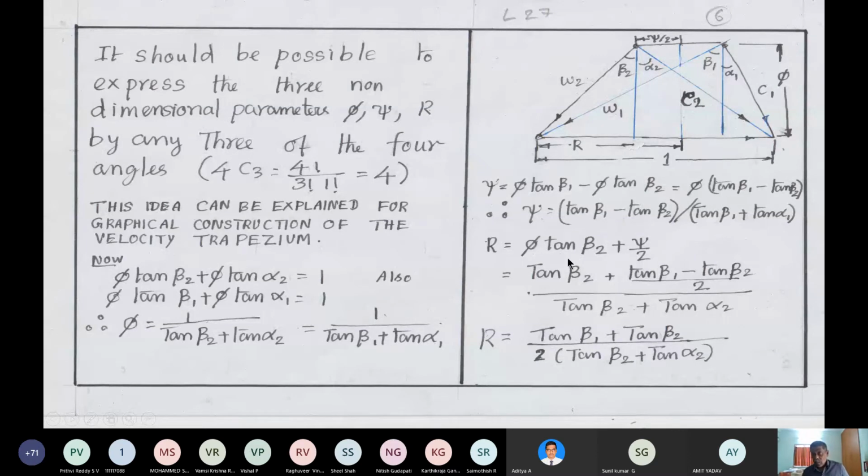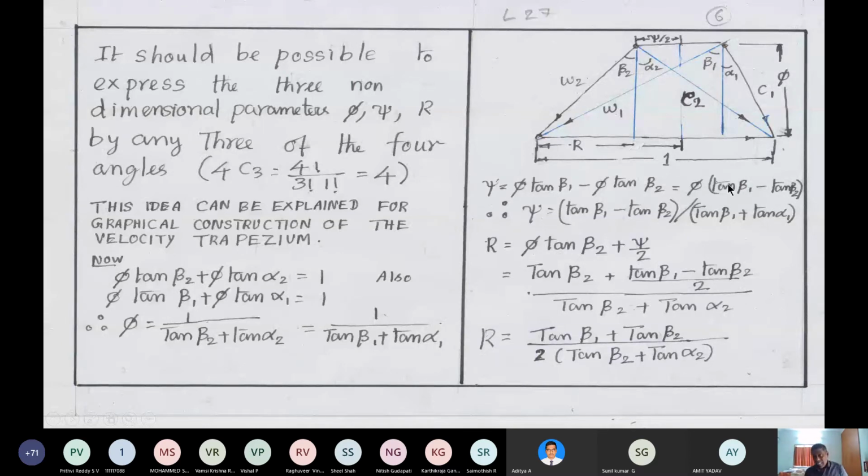Okay. So psi will be phi tan beta 1 minus phi tan beta 2. Then phi you can substitute from this, so that psi can be now given as a function of the angles.